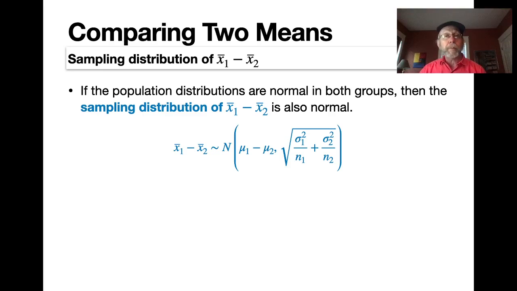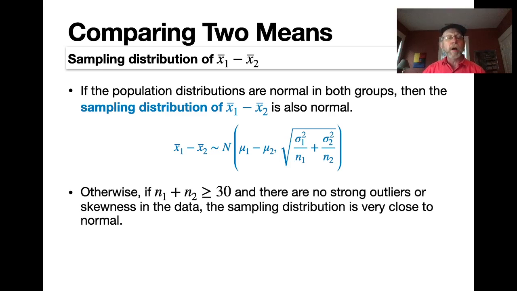But even if those population distributions aren't normal, if the sample sizes are reasonably large, and by that I mean the sum of the sample sizes in both groups is at least 30, then except for cases of extreme skewness or strong outliers, the sampling distribution of our point estimate will be very close to a normal distribution.